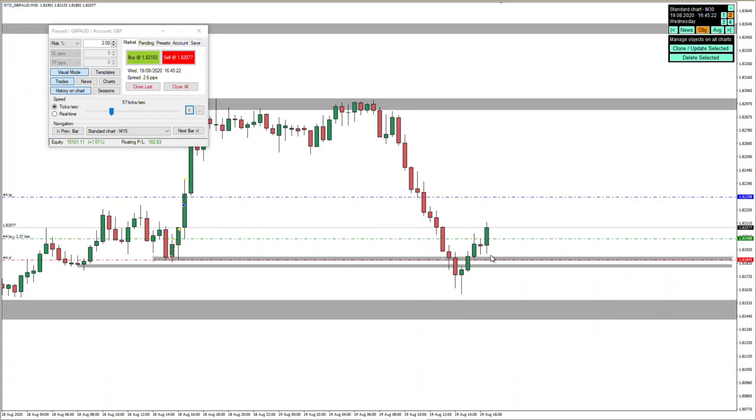Yeah, let me adjust risk a bit. I want my stop loss below this candle. So 81875.